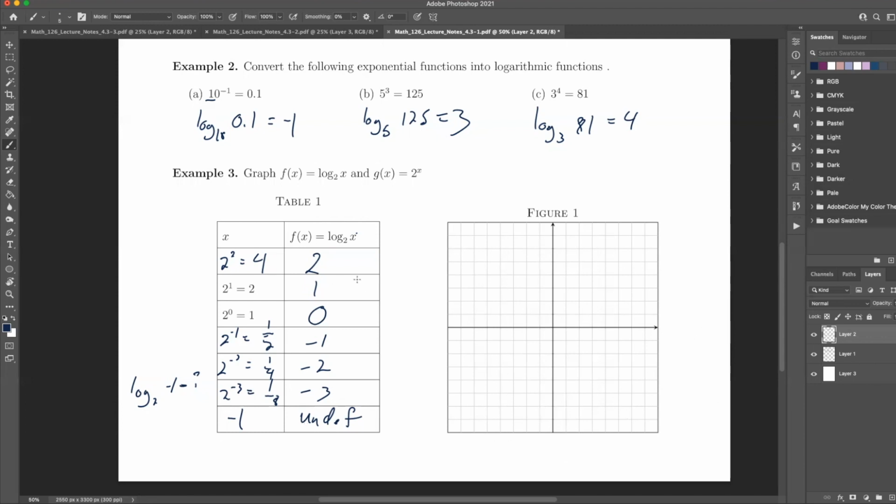So if I was going to graph that, let's just do log base 2. At 1 it is 0, at 2 it is 1, at 4 it is 2, at a half it's negative 1, at a fourth it's negative 2, and at an eighth it's negative 3.